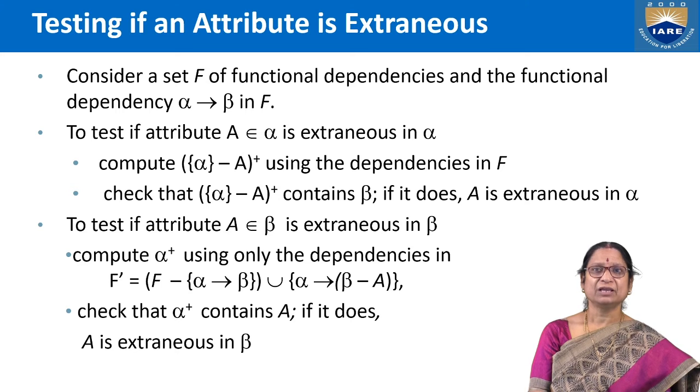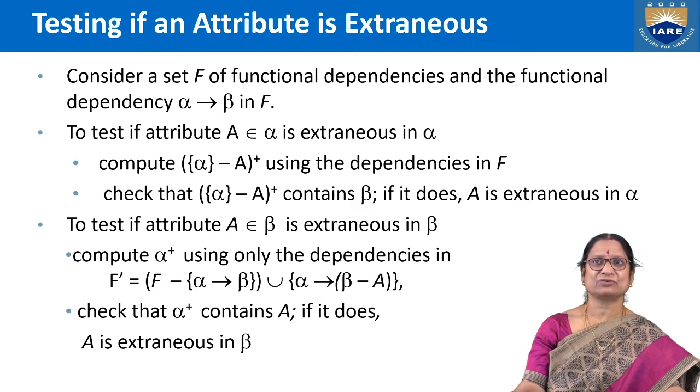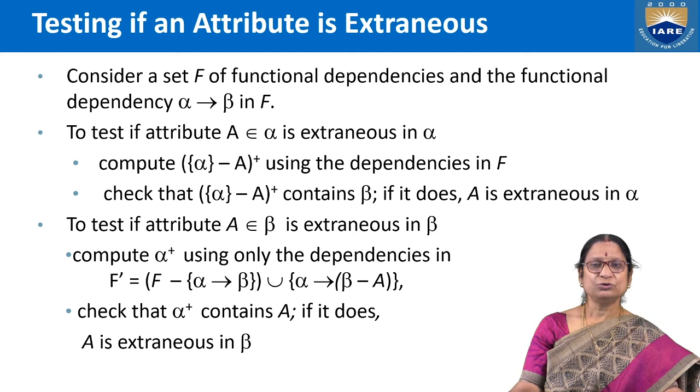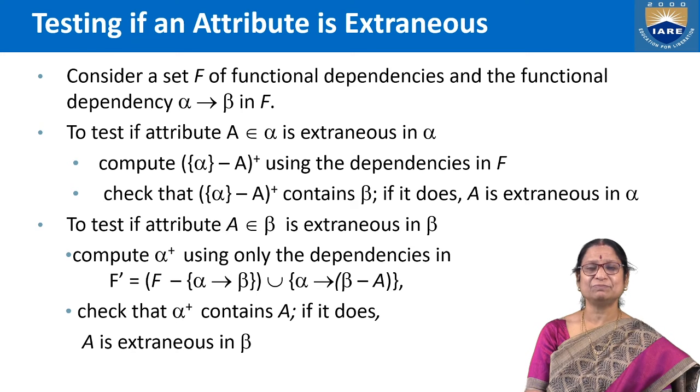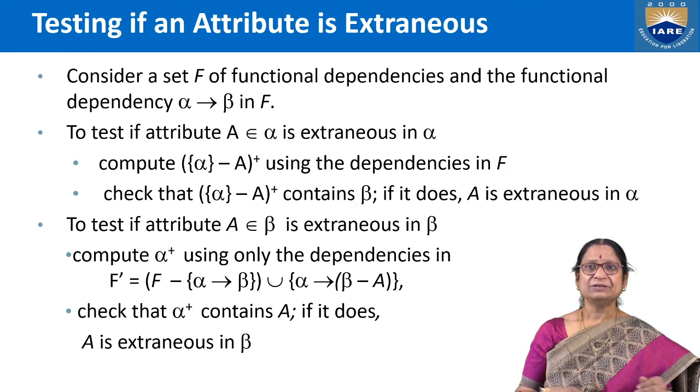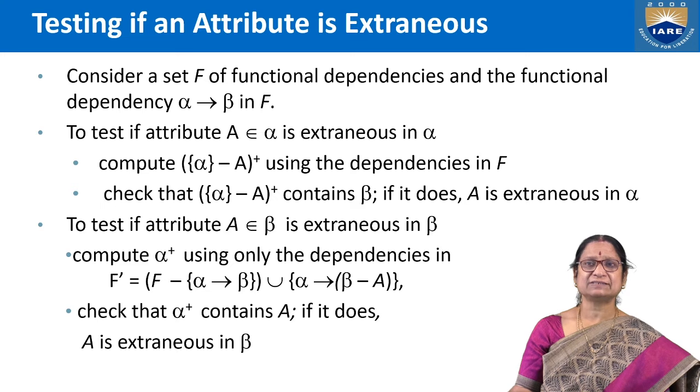If alpha plus contains A, then it is extraneous. So there are two ways: checking A belongs to alpha is extraneous, and A belongs to beta is extraneous. Left hand side may have extraneous attributes and right hand side may have extraneous attributes. This will be checked by computing the respective closures under the conditions.